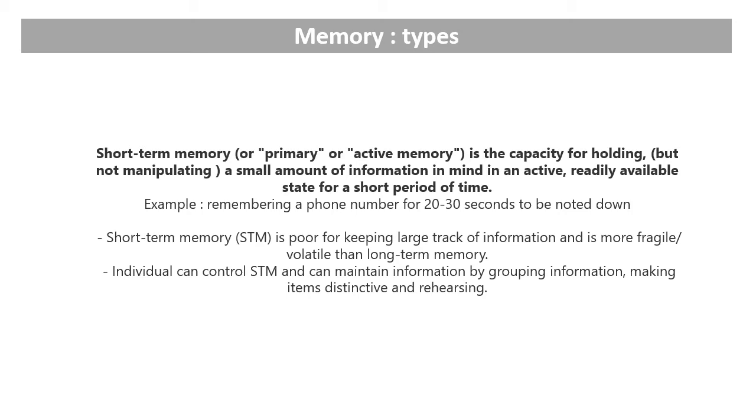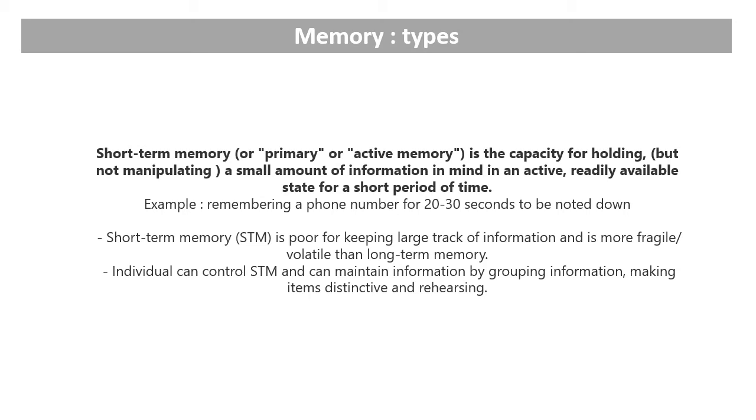But a few of the characteristics of short-term memory are that it is only available for a maximum of 20 to 30 seconds, and it is poor for keeping a large volume of information, right?